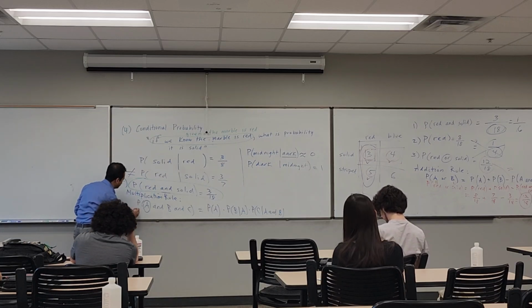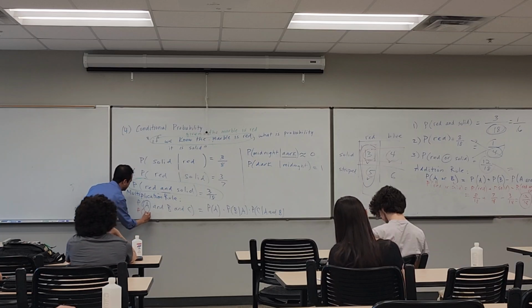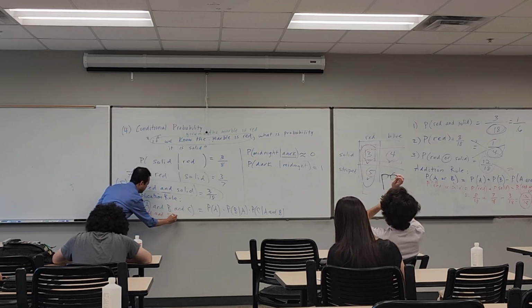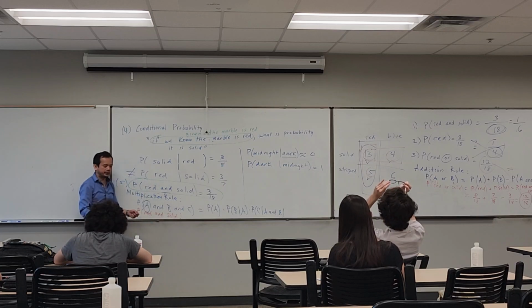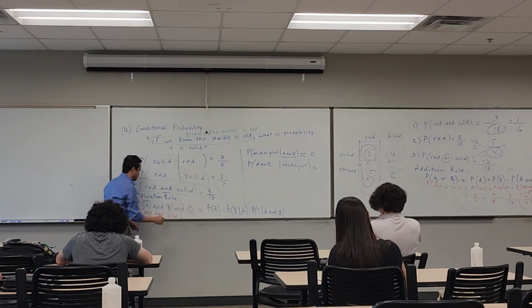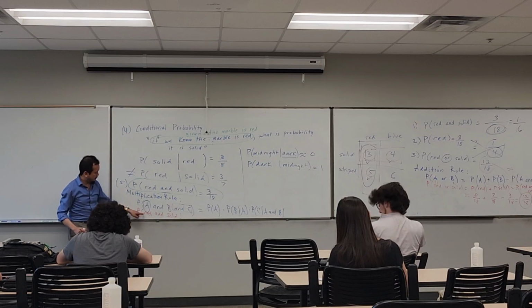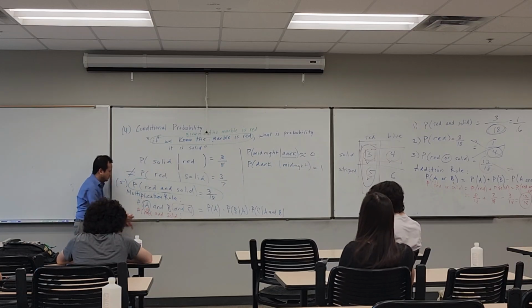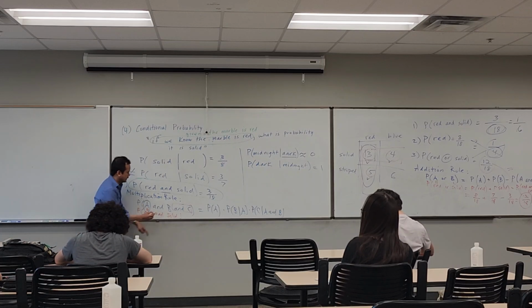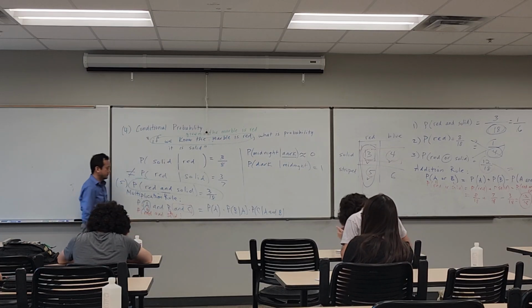So we're trying to find this probability that a marble is both red and solid. But in this example, we only have two events, so we can ignore this third part. So a marble being red is event A in this multiplication rule, and solid is event B in this multiplication rule.